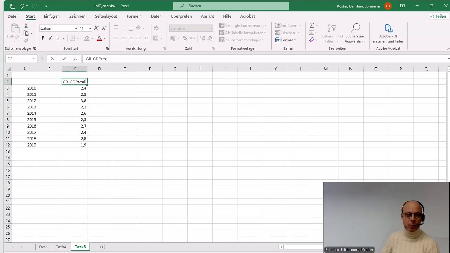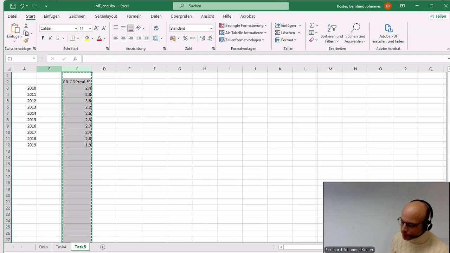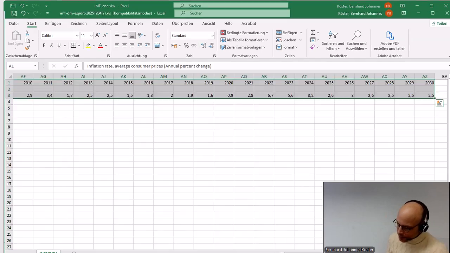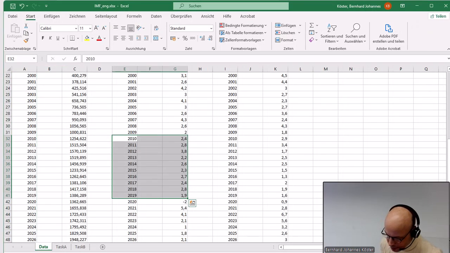I have to know what kind of data it is. So also the unit percentage. And the inflation rate of the same period.